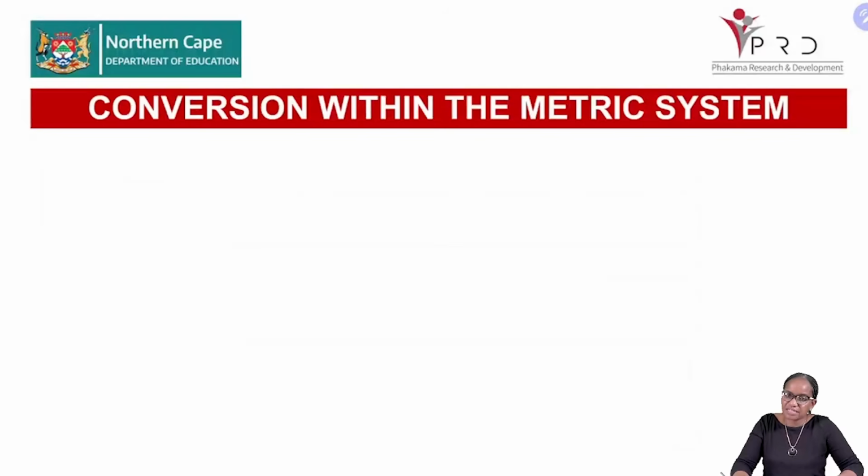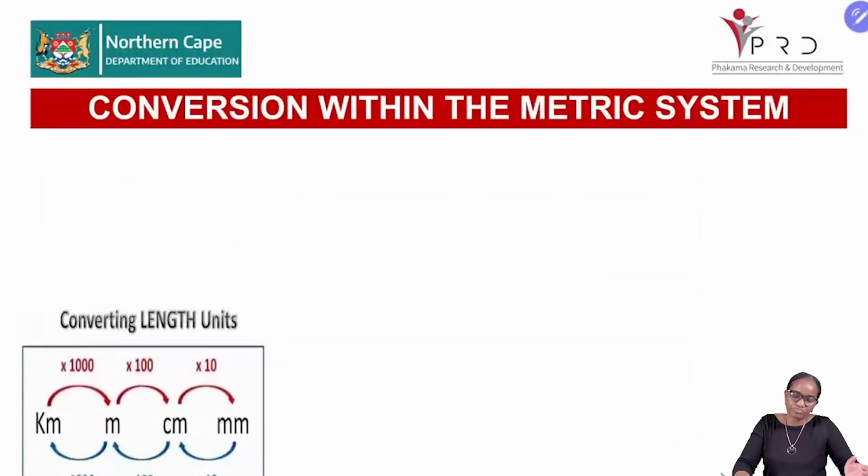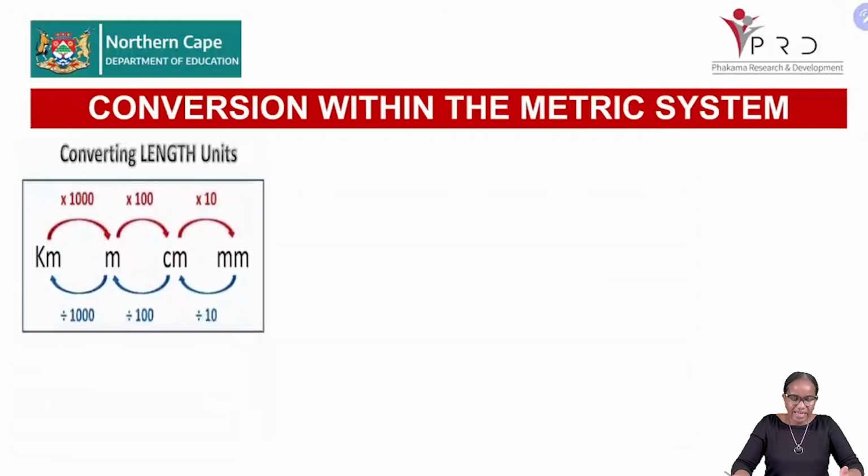Then let's look at conversion within the metric system, the one that we are used to. When converting length, the smallest unit of measuring length is millimeters. From millimeters, we move to centimeters, to meters, to kilometers. When you move from millimeters to centimeters, you divide by 10. When you move from centimeters to meters, you divide by 100.